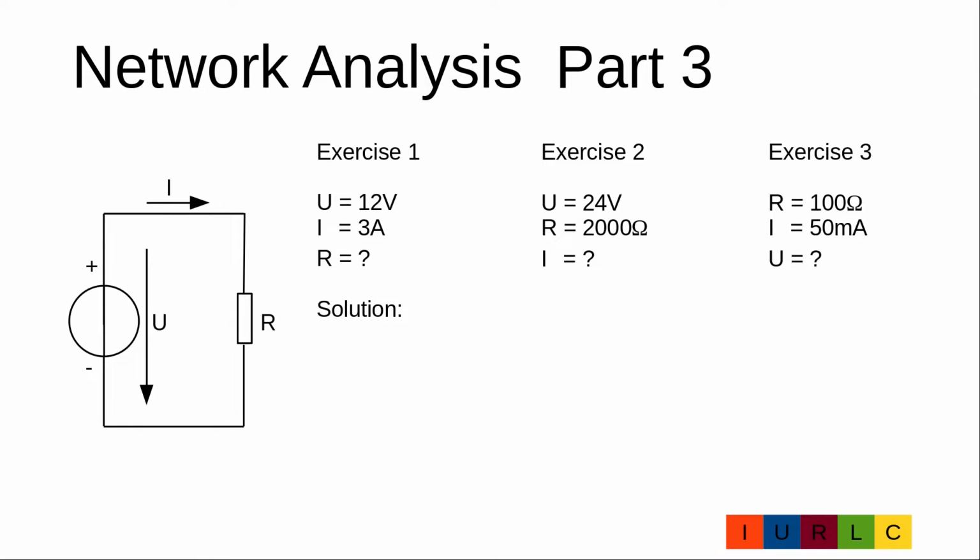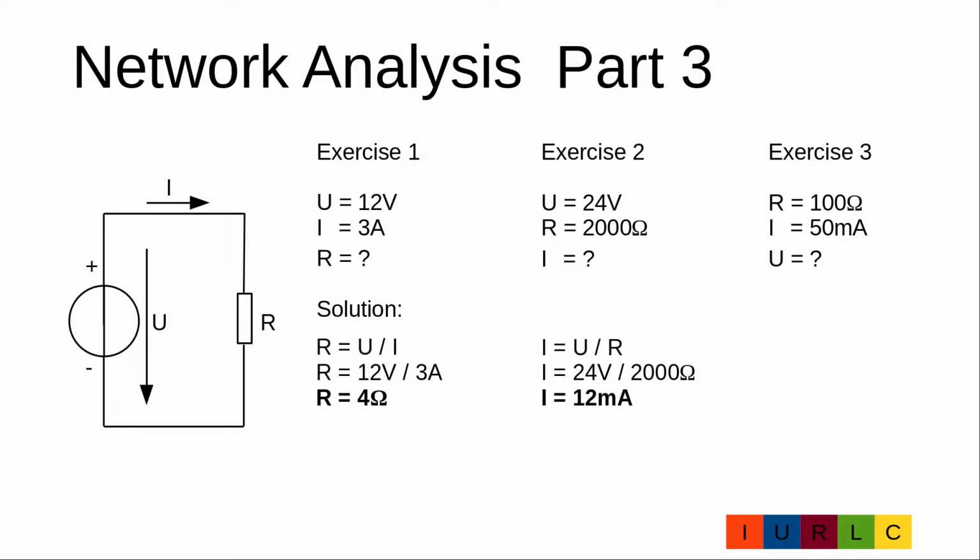Here's the solution. U is at the top of Uri and I at the bottom, so R is U divided by I. With concrete numbers, R is 12 volt divided by 3 amp, R is 4 ohm. In the next example, U is at the top of the Uri triangle and R at the bottom, so I is U divided by R. With concrete numbers, I is 24 volt divided by 2000 ohm, I is 12 milliamp.